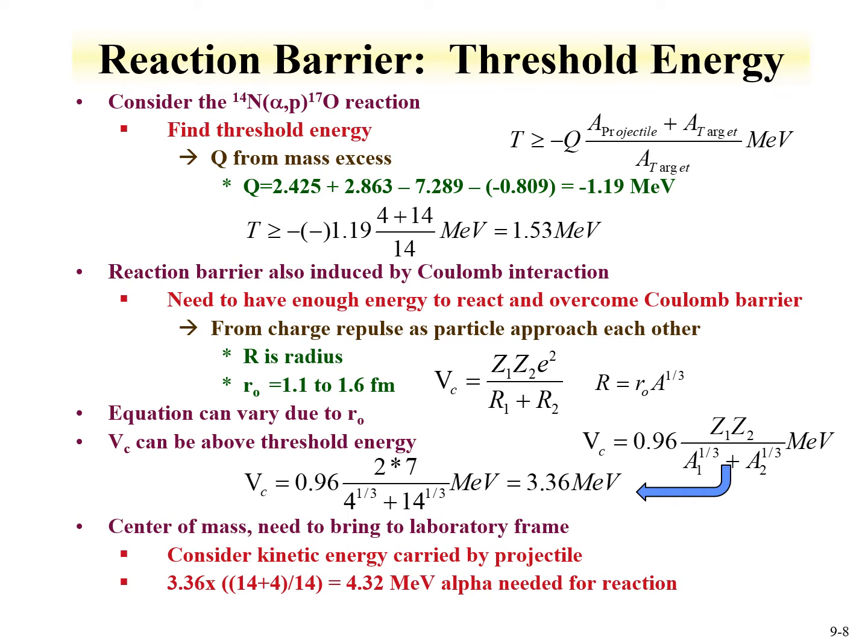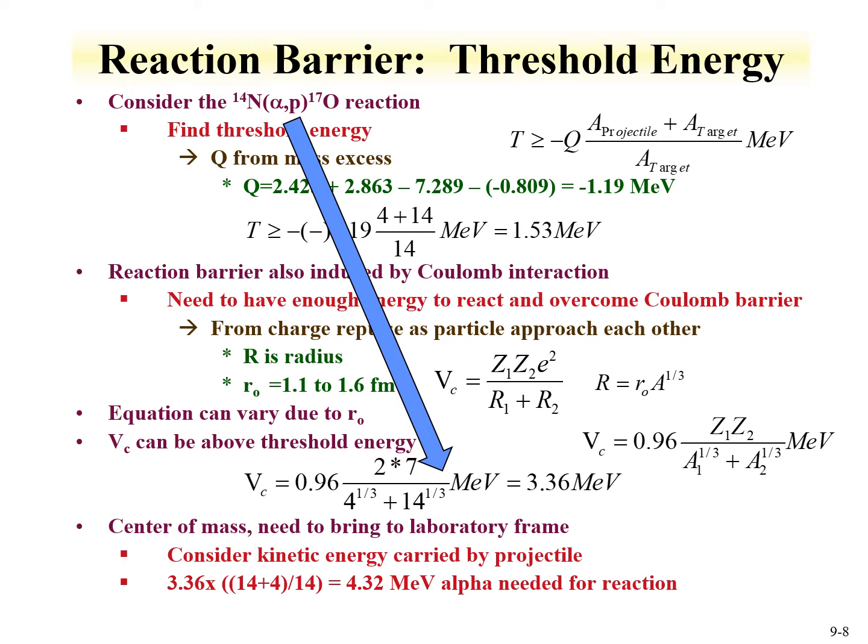So we can take this term, put in our terms, the terms coming from our Rutherford reaction, where we get the Z's and the A's, and we see that the Coulomb barrier is equal to 3.36 MeV.